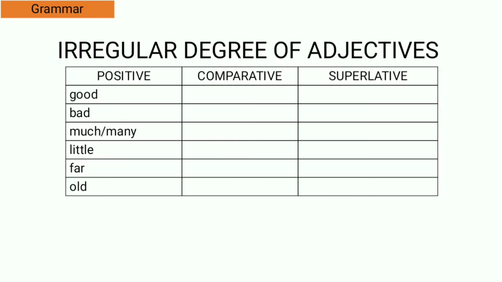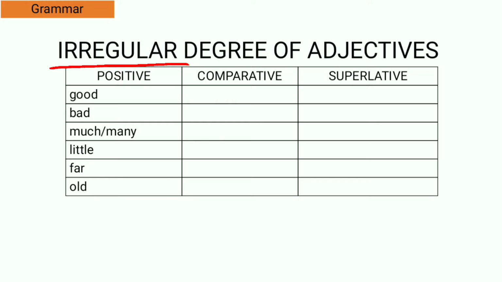We are now in the irregular degree of adjectives. What do you mean by irregular? Irregular because we have to change the whole spelling of the word in order to form the comparative and superlative. Unlike in the regular, we can simply add letters at the end of the word.